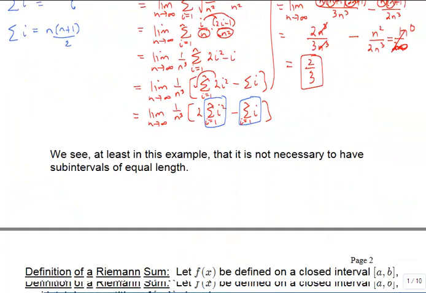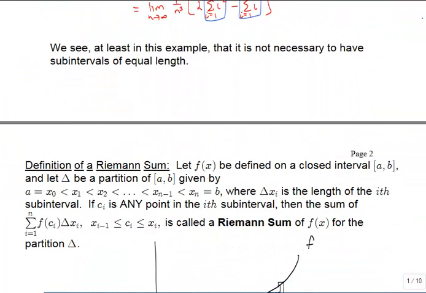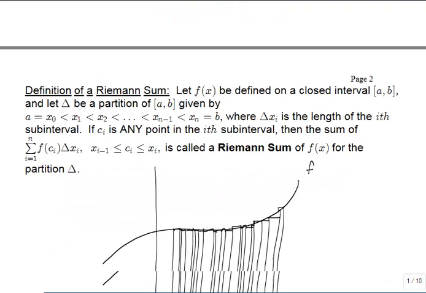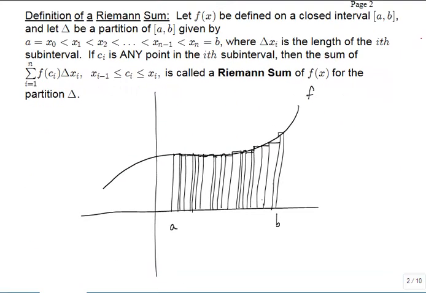But what we're going to see throughout this whole lecture today is that it's not necessary to have subintervals of equal length. And this is what's called a Riemann sum. Okay, it's named after a very famous mathematician who helped develop all of this.